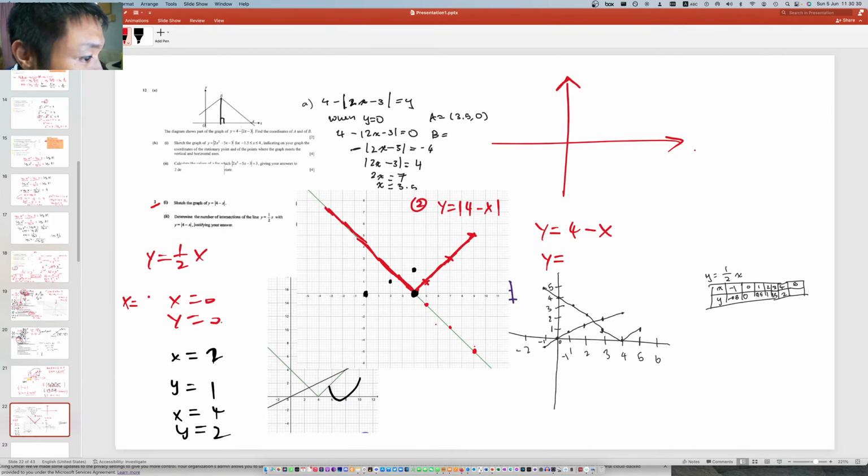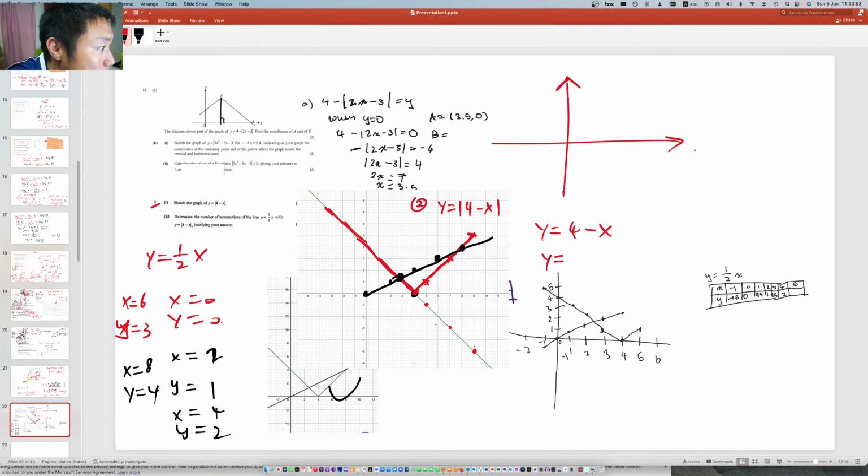So let's give 6, then it gives me 3. So 6 is 3, and 8 is 4. Okay, good.